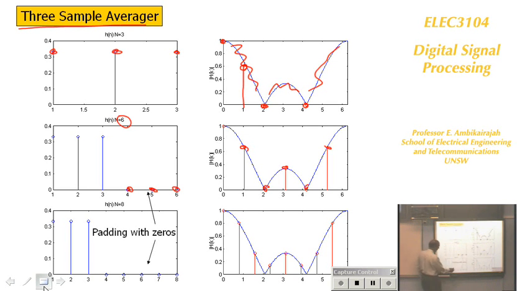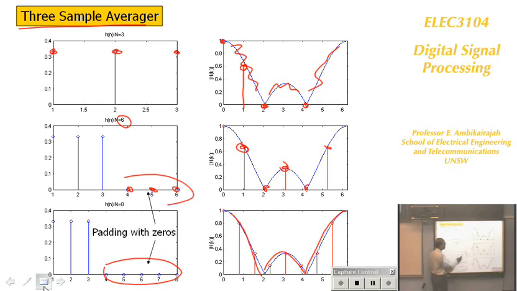You add further padding with zeros, the display gets better. So it's basically just adding extra zeros to make your graph nicer.